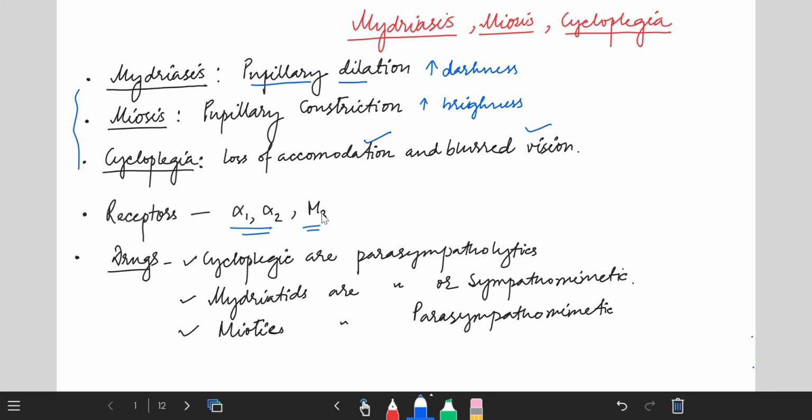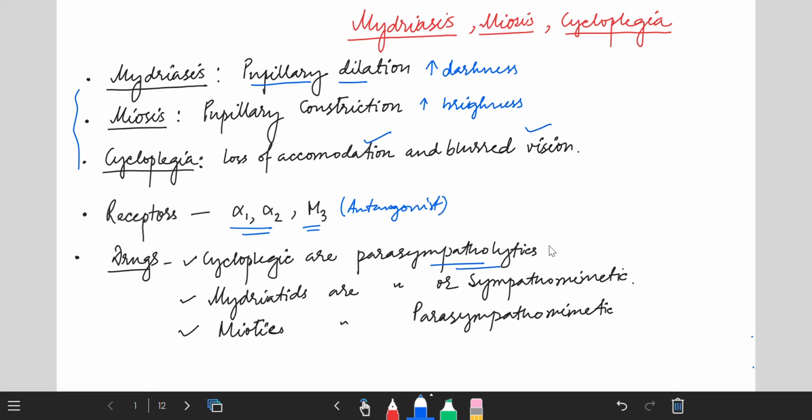Now, the drug classification which shows the cycloplegic action is parasympatholytic or parasympathetic antagonist, meaning M3 antagonist. Now we need to be clear about which kind of parasympathetic antagonist or muscarinic antagonist acts as mydriatics.